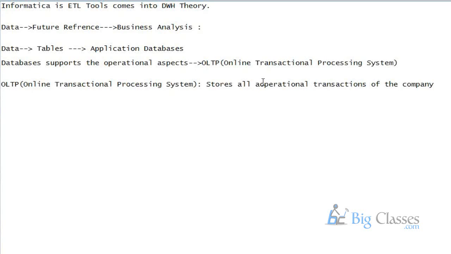So that is the reason OLTPs are very important parts of the organization, because these store all the operational transactions of the company.